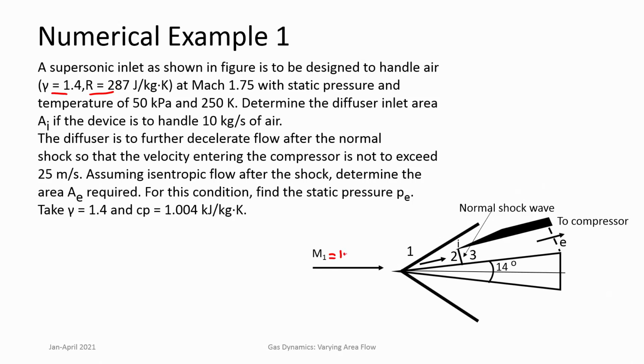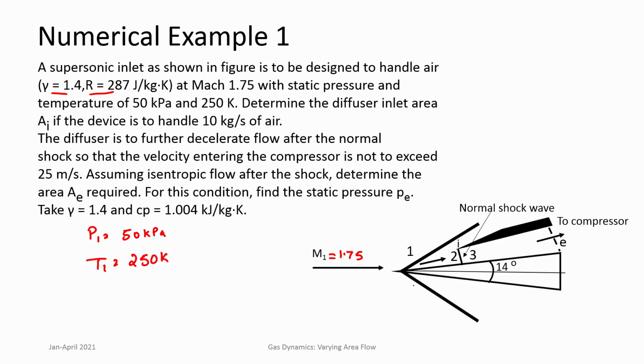So the entry Mach number is 1.75 with static pressure and temperature of 50 kilopascal and 250 Kelvin. P1 is 50 kilopascal and T1 is 250 Kelvin. Determine the diffuser inlet area.